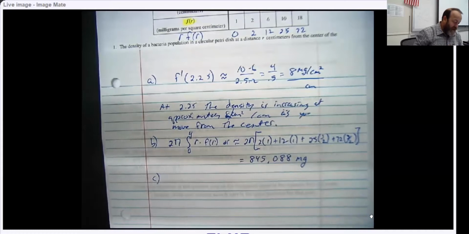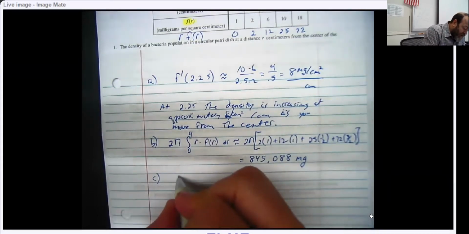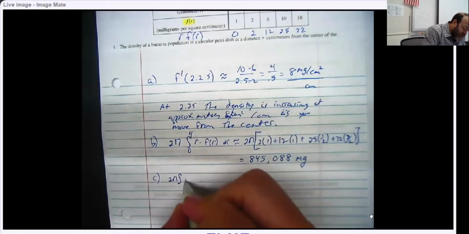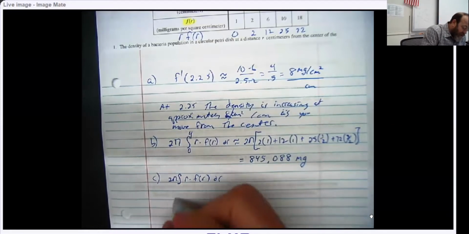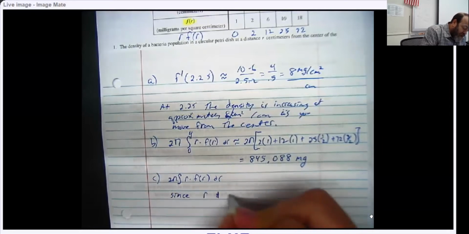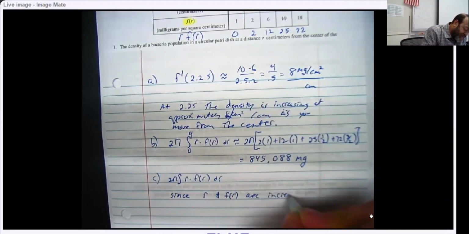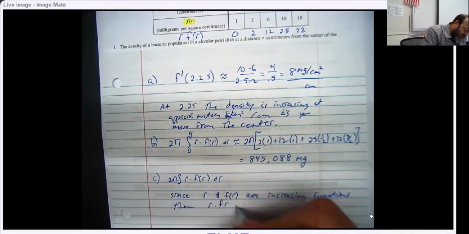So for part C, they're asking if it's an overestimate or an underestimate. What we want to talk about is the integral of 2 pi times r times f of r dr. Now it's not f of r itself, but since r and f of r are known to be increasing functions, then r times f of r is also an increasing function.